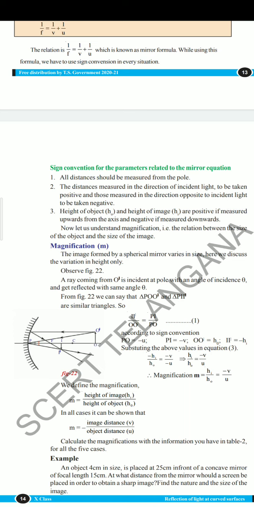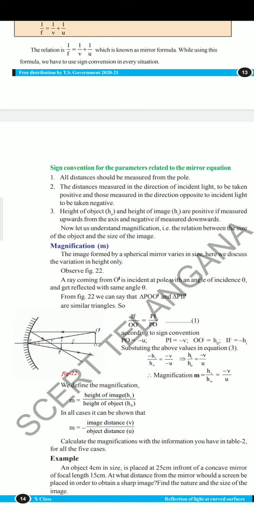According to sign convention, PO is equal to minus u, PI is equal to minus v, OO' is equal to h0, II' is equal to hi. Substituting the above values, hi by h0 equals minus v by u.